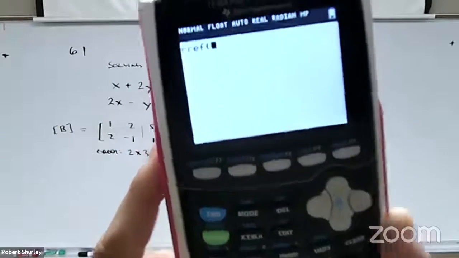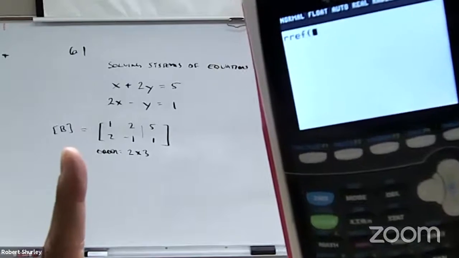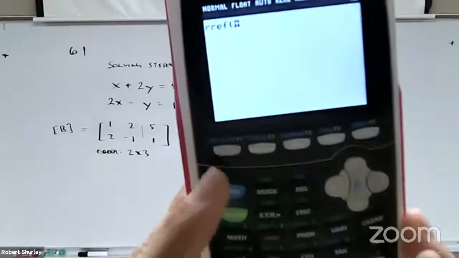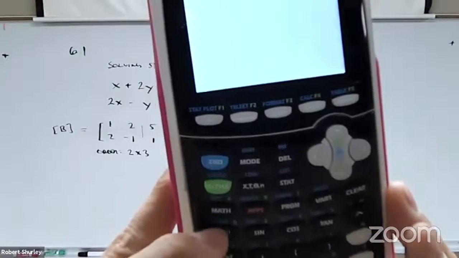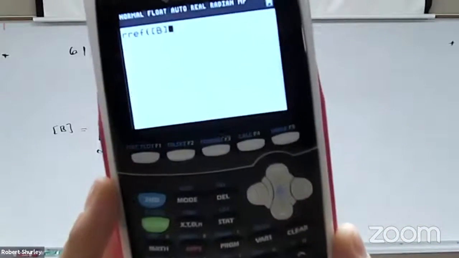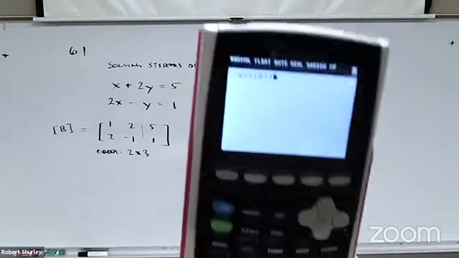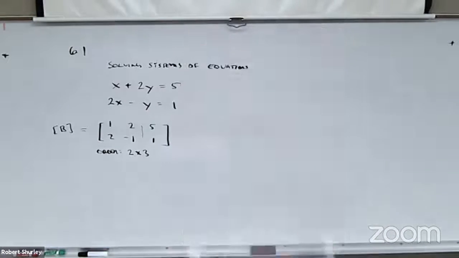Call that one. And now remember, we're dealing with matrix B, not matrix A. So second matrix, and then I've got to go down to matrix B now and hit enter. So it should look like that. The numbers aren't too weird.